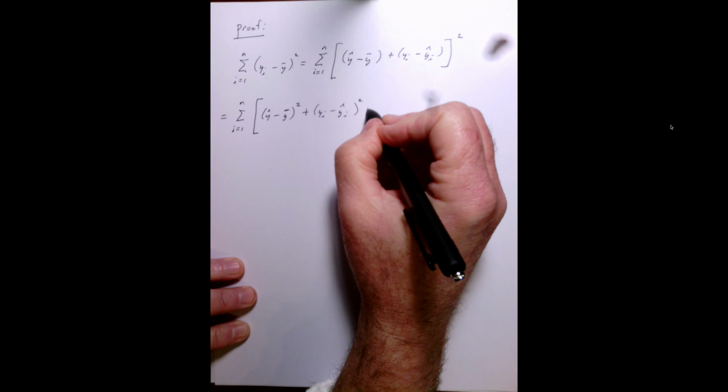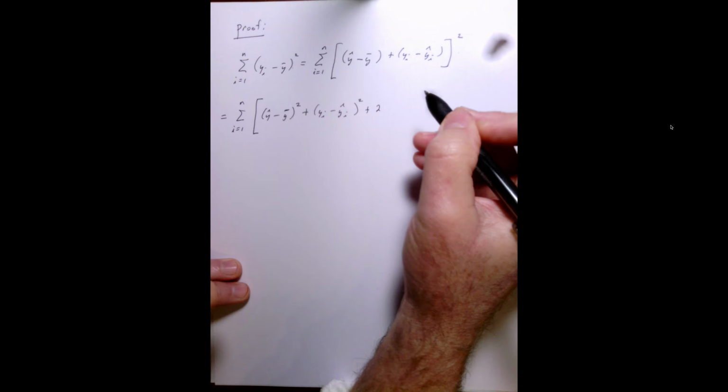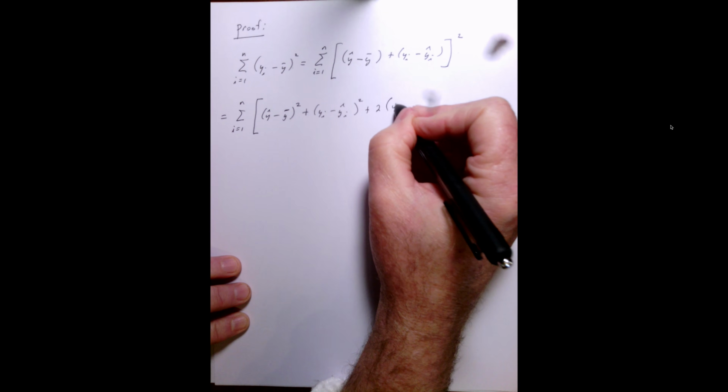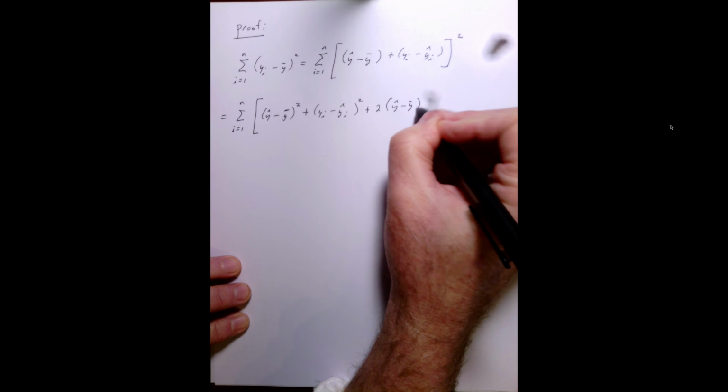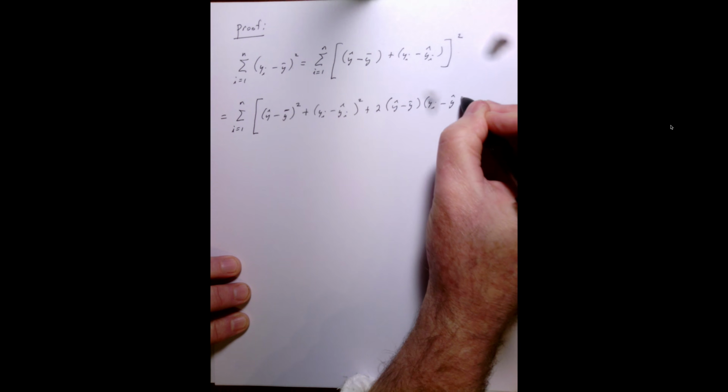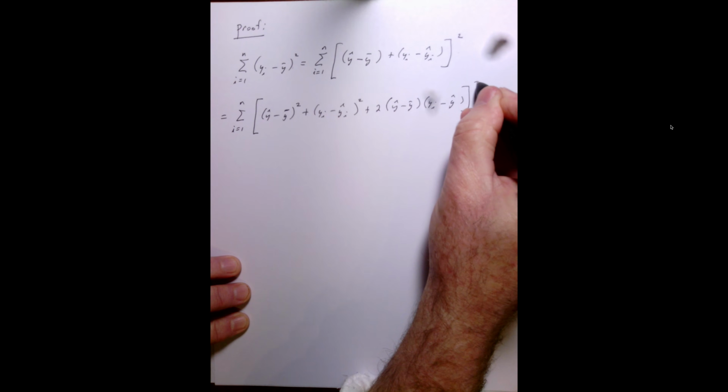And then when I FOIL, so to speak, I get 2 times y hat minus y bar times y sub i minus our predicted. Let me pump the brakes a little bit, make sure I didn't write anything wrong.